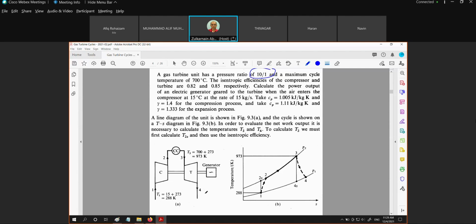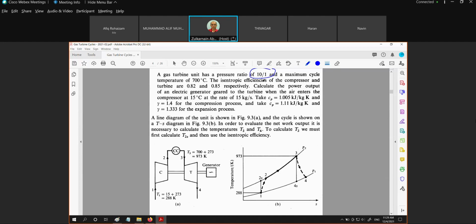where the state 4 is our ambient pressure, but the temperature is not the ambient temperature, but the exhaust gas temperature from the turbine. And when we sketch on the TS diagram, this is our profile of pressure. The highest pressure, this is the smallest pressure, low pressure, and our overall pressure ratio, in this case, is P2 divided by P1, which is equal to P3 divided by P4.